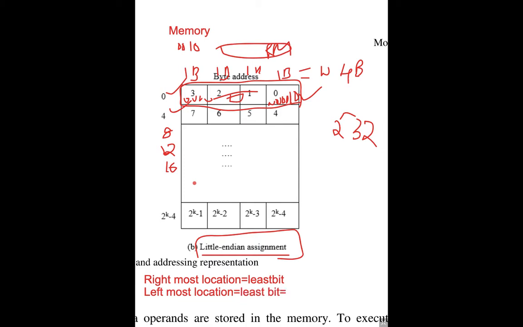Then we will say that is big endian byte addressability. If I keep the least bits inside the rightmost location, then we will say little endian.